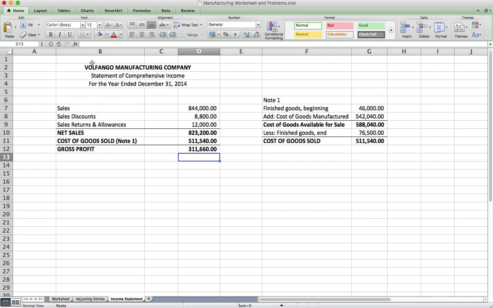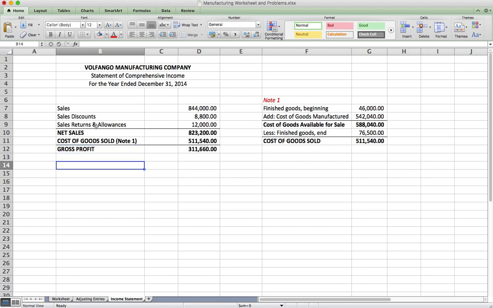Plus or less cost of goods sold, you'll get your gross profit. Cost of goods sold is computed by adding the finished goods beginning to the cost of goods manufactured, and you'll get your cost of goods available for sale. Less your finished goods end, you'll get your cost of goods sold. Okay, so net sales less cost of goods sold is your gross profit.